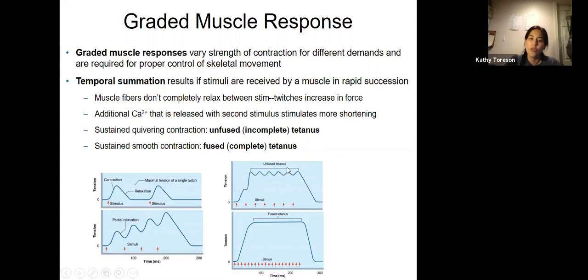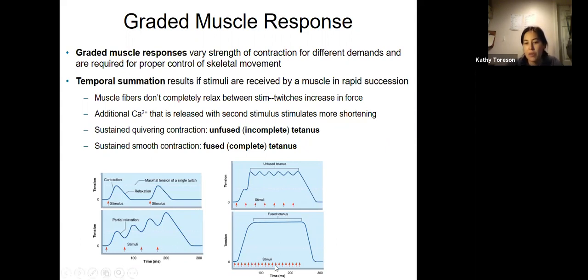That's unfused tetanus. What we see for a smooth contraction, a contraction that, say, lifts my water bottle up, is a fused tetanus, which is this bottom panel.